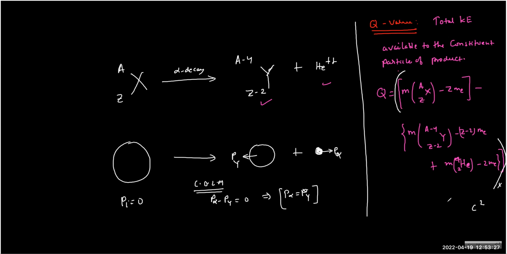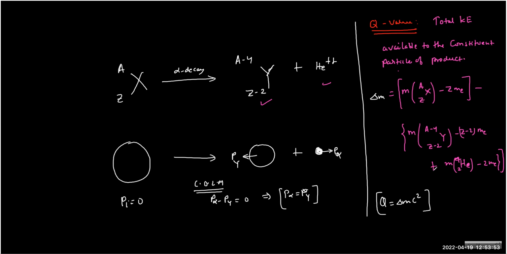Basically, I don't have space to write. This is the mass defect, and therefore the Q value is defined as delta M C square.